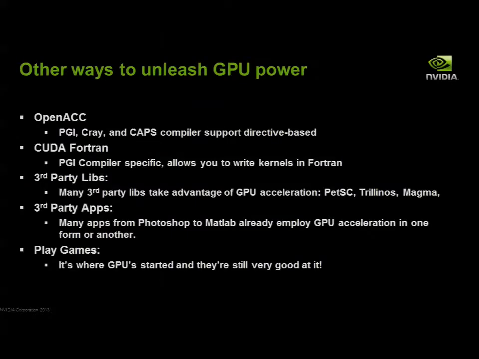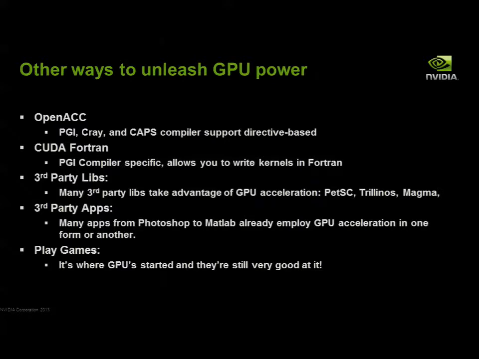Okay, so those are basically the tools. I've just collected here a few more of the tools that are out there. OpenACC you've covered. CUDA Fortran, we haven't talked about here, but for Fortran programmers, if you don't want to go the mixed language route, there is a PGI version of CUDA that gives you constructs of CUDA inside Fortran.